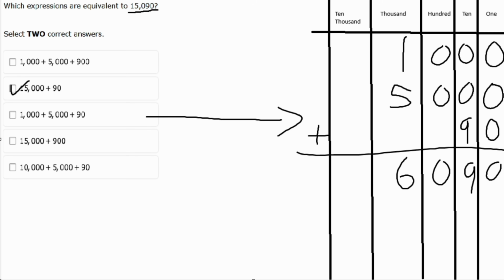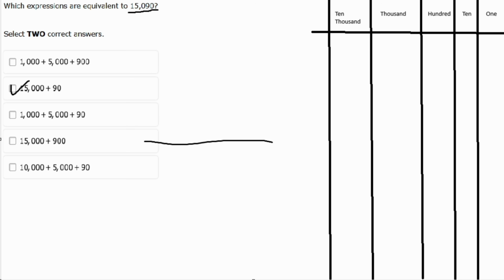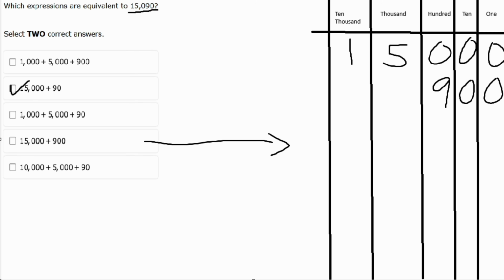All right, so let's check our next answer choice. We have 15,000 plus 900. So let's put that in our place value. We have another 0 in the hundreds, a 5 in the thousands, and a 1 in the 10,000s. And we're going to be adding 900 to that. And remember, if you want to pause the video here and try it on your own, you sure can.